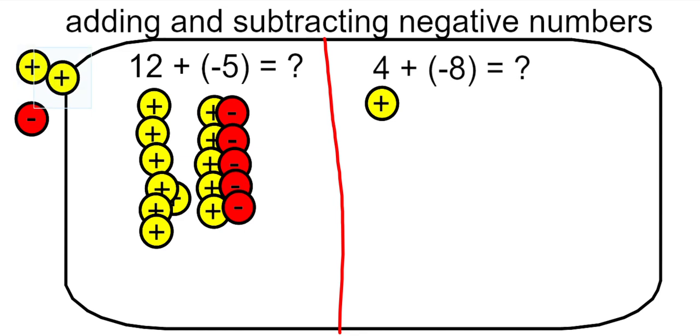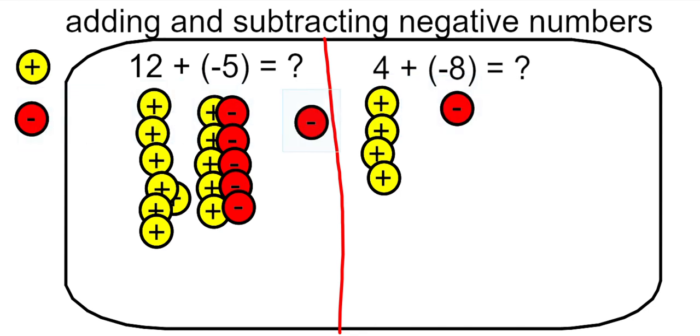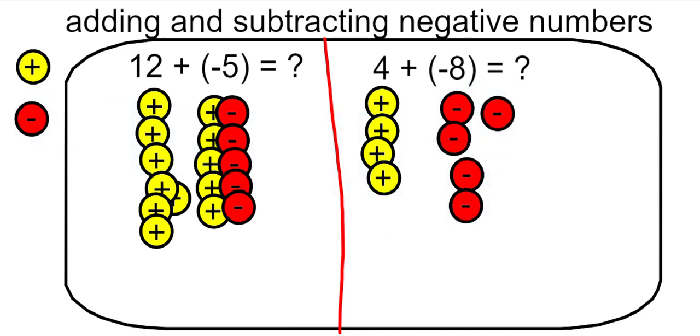I have 4 positives. So there's 1, 2, 3, and 4. Now I need to bring in 8 negatives: 1, 2, 3, 4, 5, 6, 7, and 8.